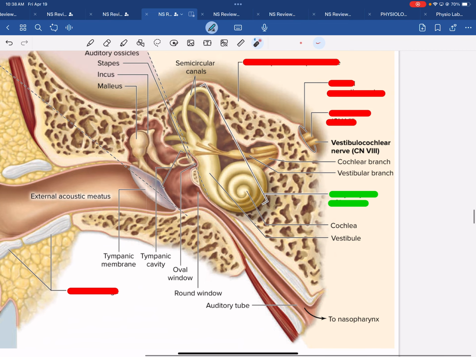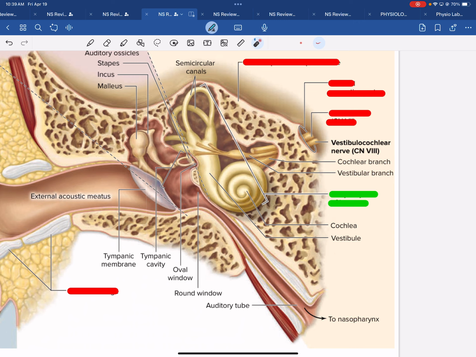Yeah, so this one is for sound. This one is for what? Equilibrium. Good. What is equilibrium? Like balance. Yeah, it's like balance of the head.